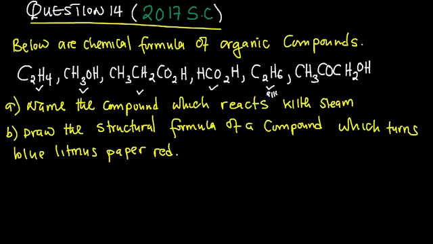This is an alkane because 2n+2. This one is double the number, so this one is an alkene, ethene in short. This one is methanol.